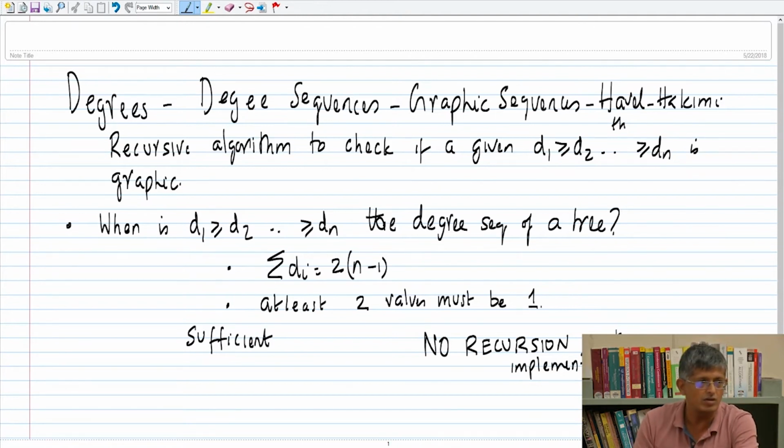So let's move on and talk about the other problem that we talked about yesterday, which is topological sorting.